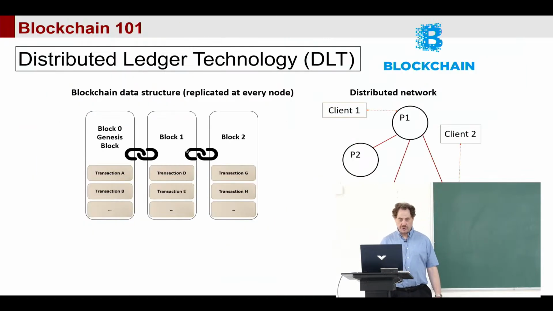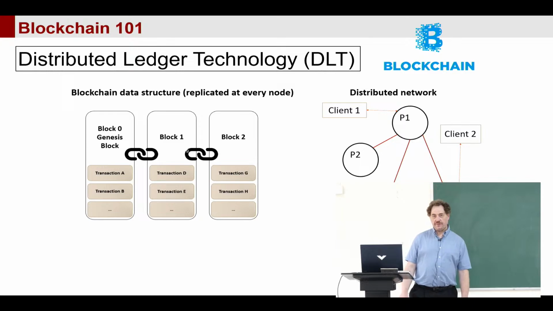Now, what about blockchain? If I had to present blockchain in one slide, or blockchain 101, this would be it. It's also sometimes called distributed ledger technology, even though the two terms are not exactly the same. Blockchain is primarily a data structure.